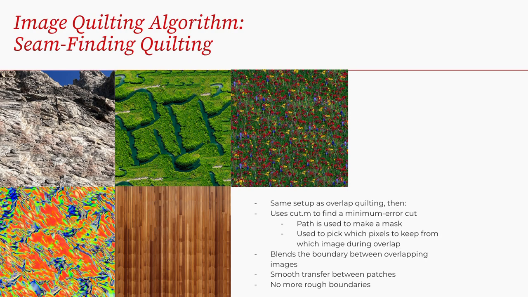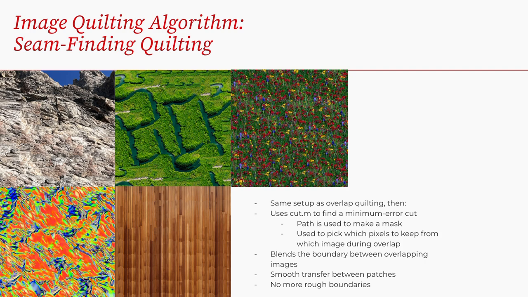Next, I implemented seam finding quilting, which does the same setup as the overlap quilting, but then uses the cut.m method in order to find the minimum error cut, which is a path that I'm going to use to make a mask. Basically, I can pick pixels from either the target image or the seed image and figure out which ones I want to keep during the process.